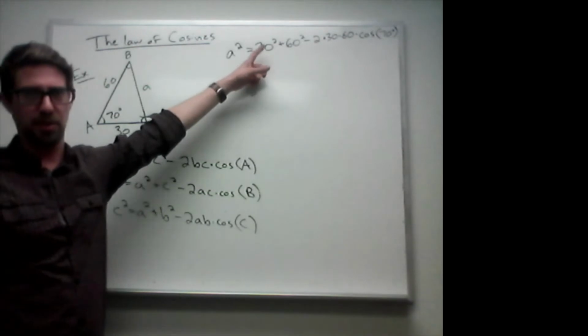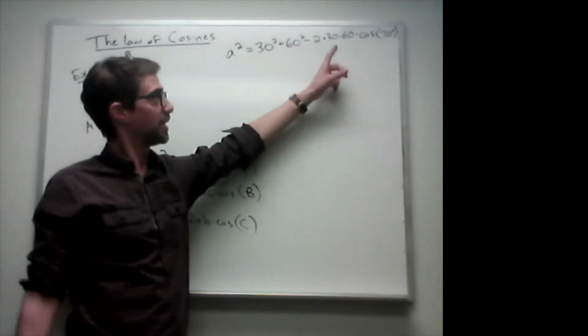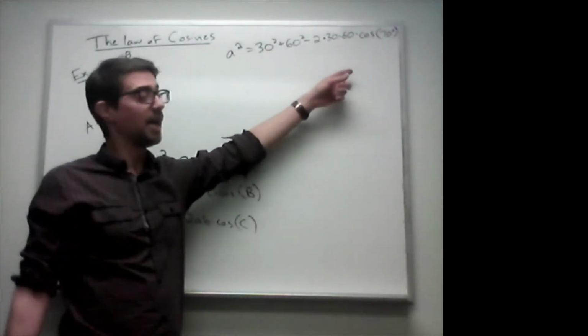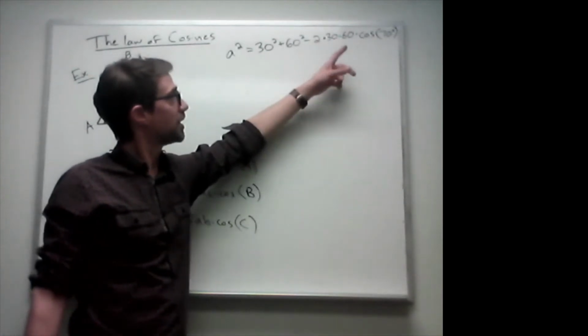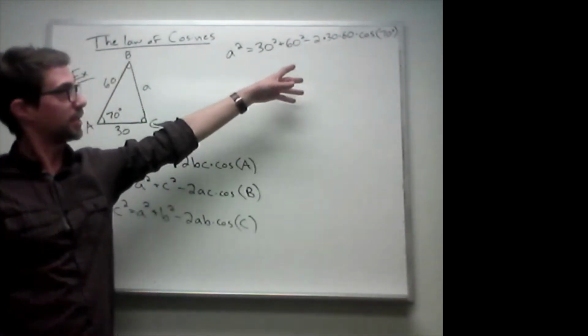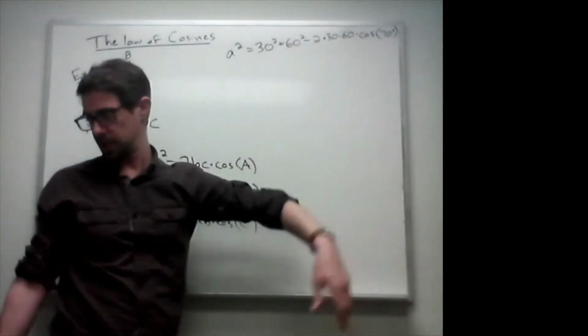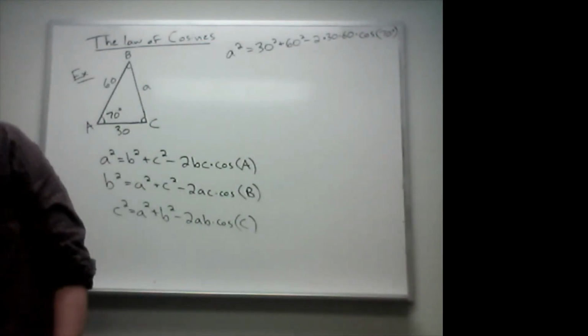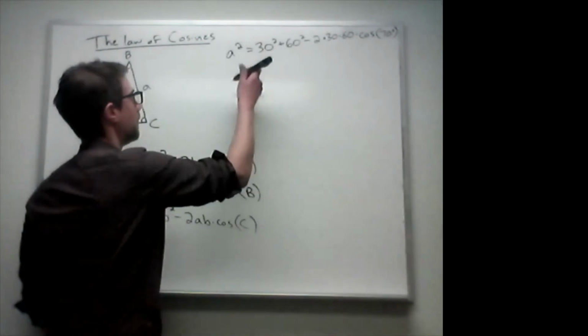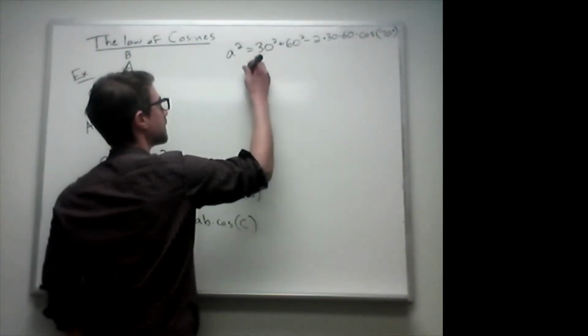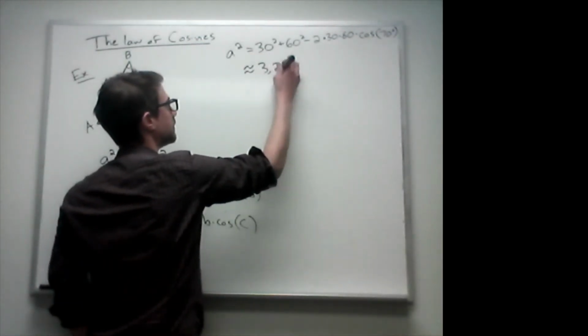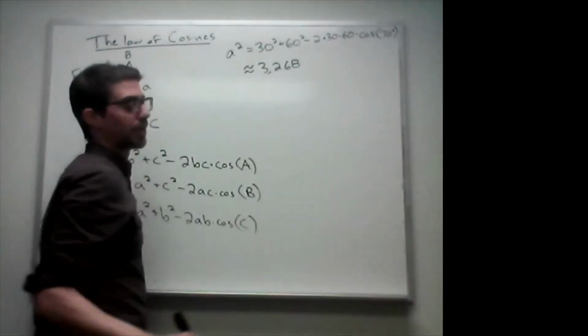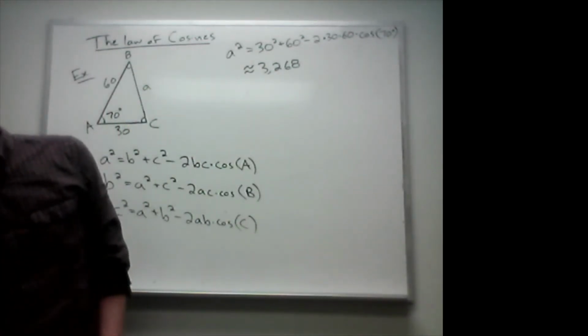You literally just type 30 squared plus 60 squared minus 2 times 30 times 60 times the cosine of 70. If you want to tell me that 2 times 30 times 60 is 3600, that's great, but you don't need to. So you smash all that into your calculator, you get about 3268.73.